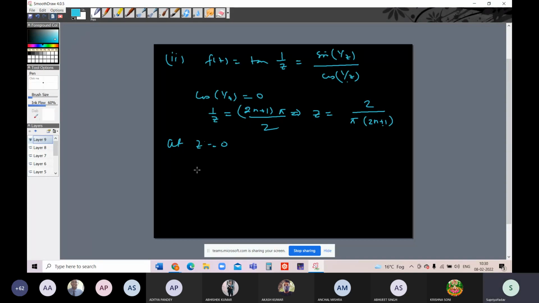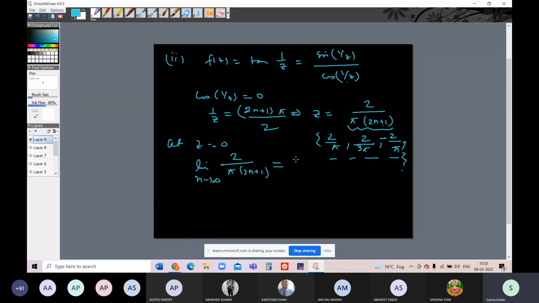But if we are taking the limit n tends to infinity of this sequence of singular points, what will the sequence be? If we put n equal to 0, our sequence will start with 2 by pi, for n equal to 1 we get 2 upon 3 pi, and for n equal to -1, minus 2 by pi, and so on. In this way we get a sequence of singular points for this function. So when we are taking n tends to infinity in 2 upon pi (2n plus 1), you can see that in that case this point will approach 0.